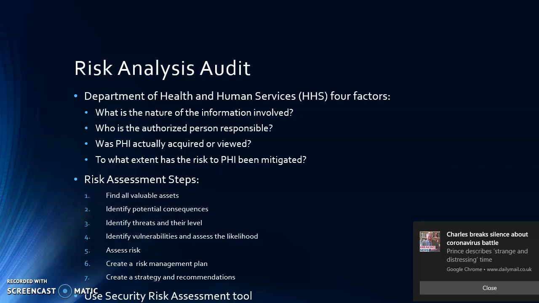There are four major points that the Health and Human Services department looks at when doing a risk analysis for the organization, and they include: what is the nature of the information involved, who is the authorized person responsible, was PHI actually acquired or viewed, and to what extent has the risk to PHI been mitigated?